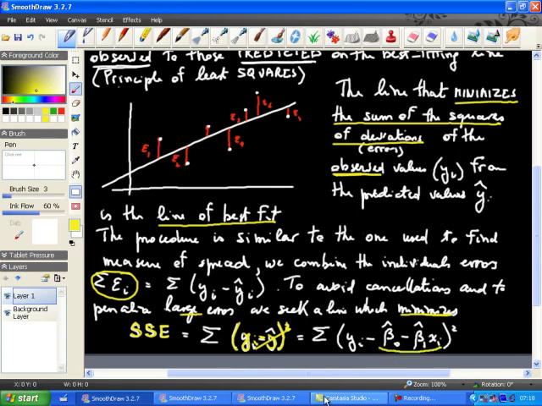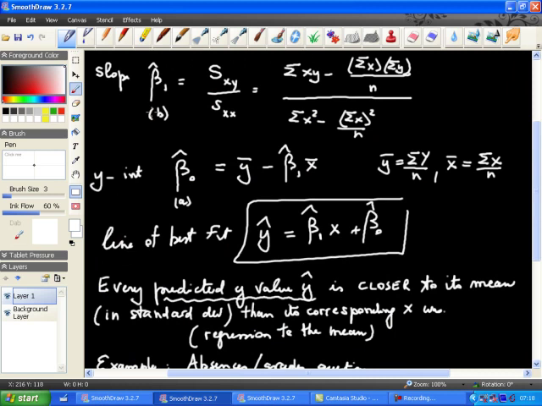So in trying to minimize that, we come up with a formula for beta 0 hat, which is the y-intercept, and beta 1 hat, which is the slope of the line. In most calculators the slope is indicated with b, and we are finding the sample regression line.